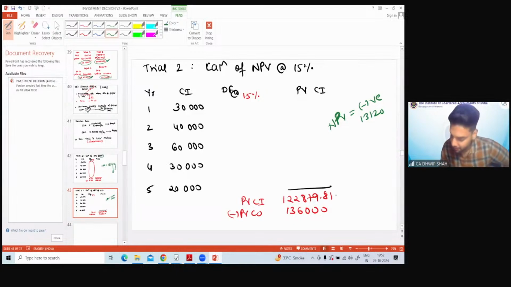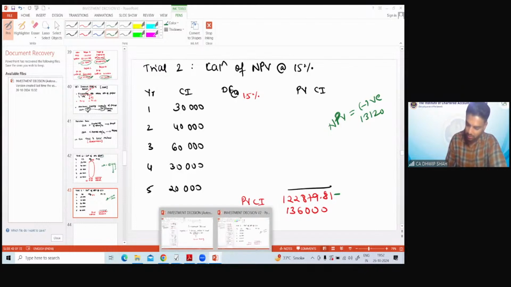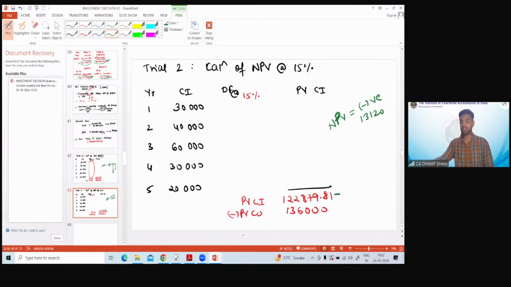Please check whether I have calculated this correctly. Please check PVCI at 15%. Is this correct or not? Because my calculator has some deficiencies. It is correct, right? Okay. So NPV is negative.